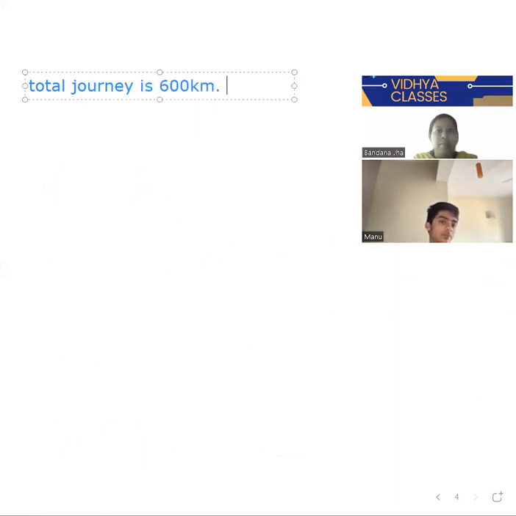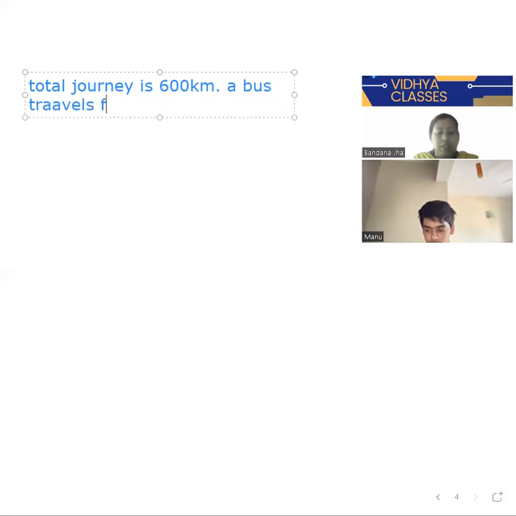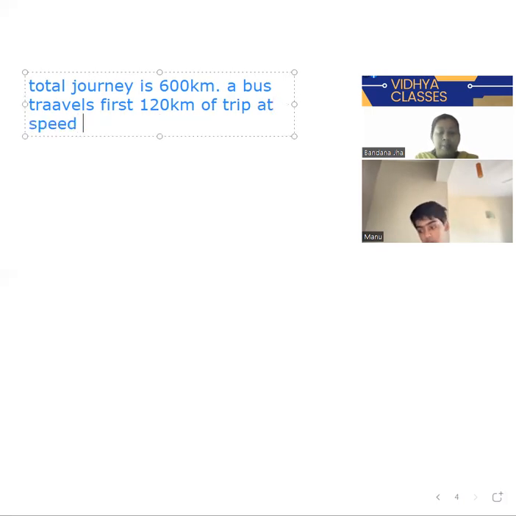A bus travels first 120 kilometer of the trip at a speed of 40 kilometer per hour.